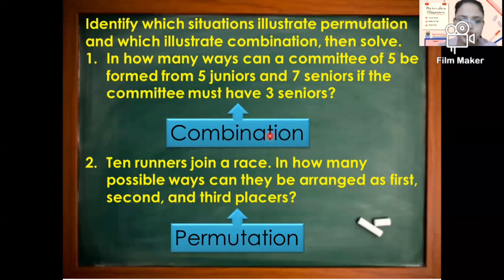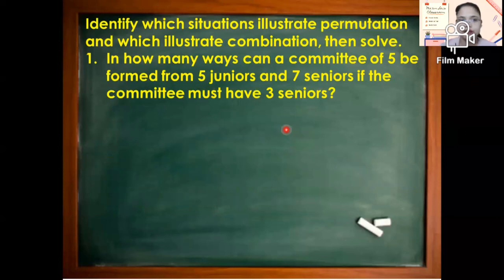Now, let's solve number 1, which is combination. Remember, the formula for combination is equal to combination of n taken r is equal to n factorial over n minus r factorial, r factorial. Okay? So let's solve number 1. Bakit kaya nagkaroon tayo ng dalawang combination? Remember, meron tayong dalawang pagpipilian.